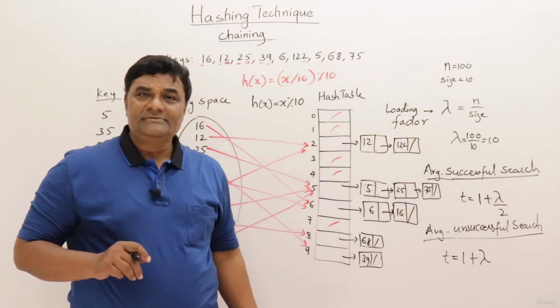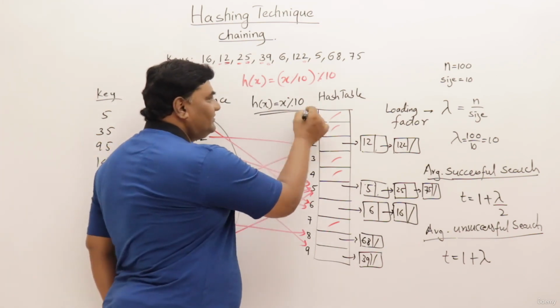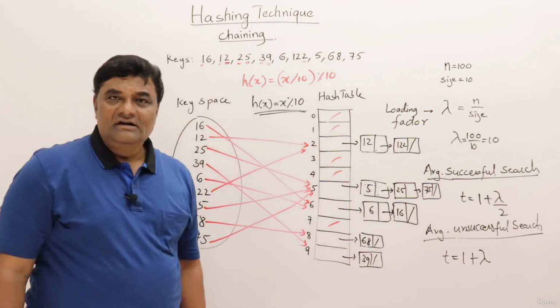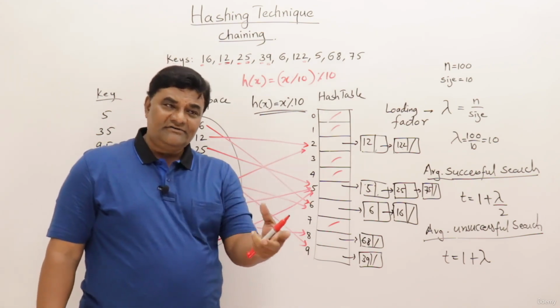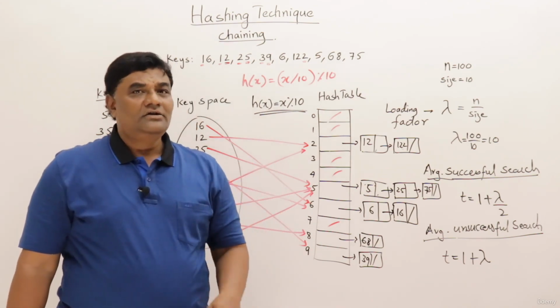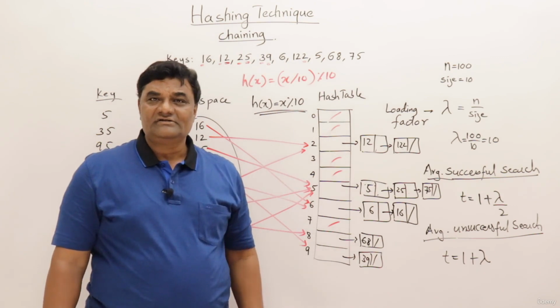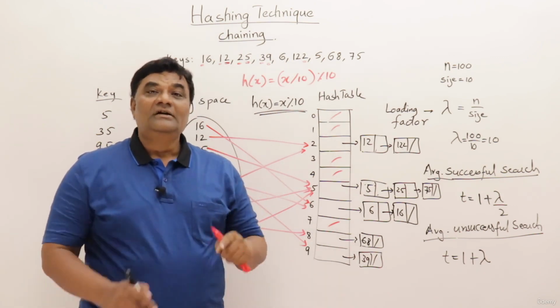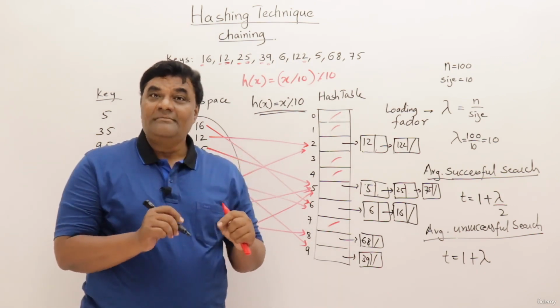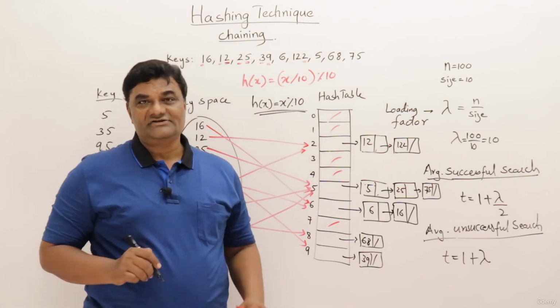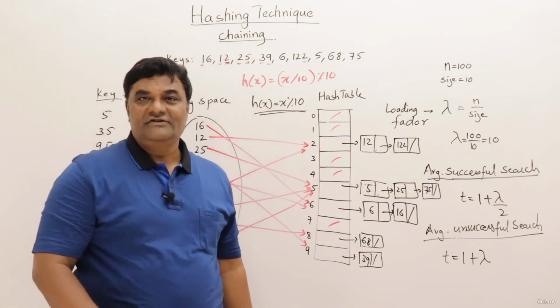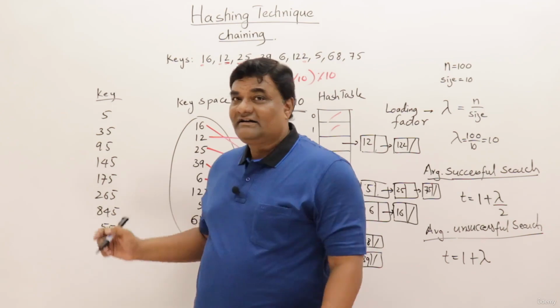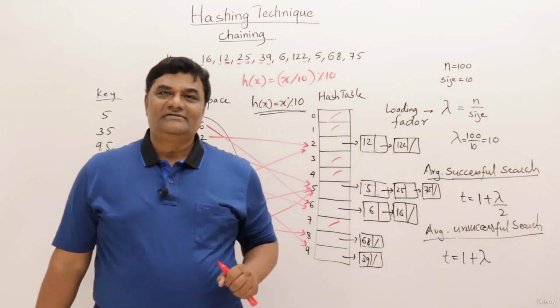So then who is responsible? The hash function. Is it a standard one that you must take this only? No, you can take any hash function. Then who is responsible? The programmer who has selected the hash function. So you select the hash function such that the keys are uniformly distributed.